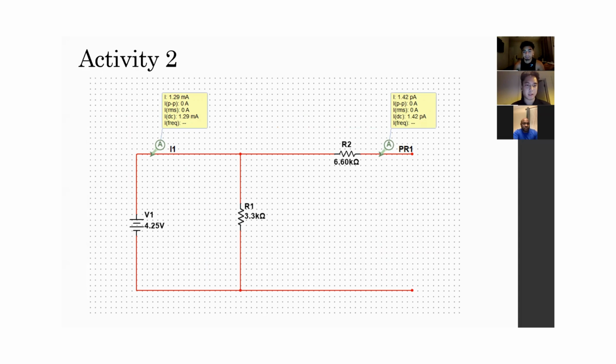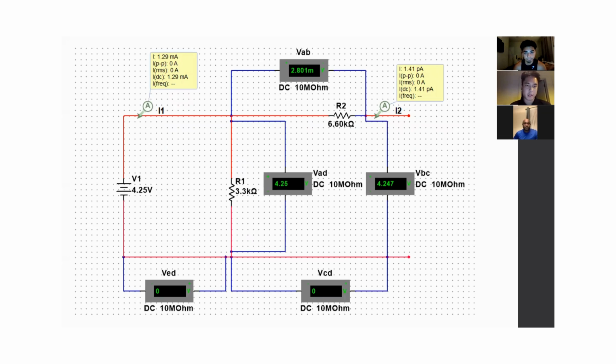Activity 2 asks us to construct a parallel circuit. On the left side you're seeing a closed circuit, but on the right side is an open circuit. For this activity, we chose to have 4.25 volts as our source, a 3.3 kilo ohm resistor for R1, and a 6.60 kilo ohm resistor for R2.